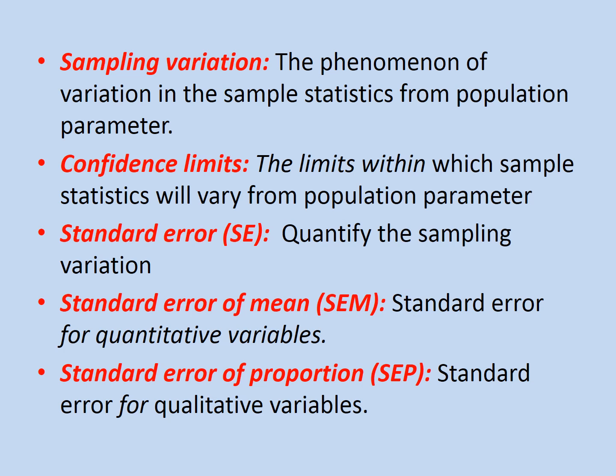And if you want to measure the Glasgow Coma score, any type of score, or the Apgar score or Kuppuswamy classification, in that scale there are certain qualities but they are arranged in some order. That type of data is called ordinal scale data. So if your data is nominal or ordinal scale data, you can measure the sampling variation in terms of standard error of proportion. So let's understand one by one in detail.